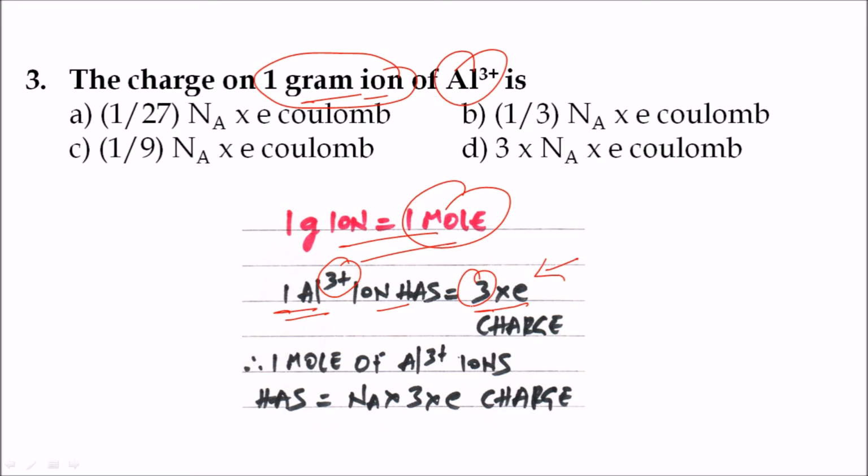For 1 mole of Al3+ ions, we need to multiply by Avogadro number, so N_A into 3 into e. This is the total charge of 1 mole of aluminum ions. So the right answer is option D, 3 into N_A into e in coulomb. Let's take the fourth question now.